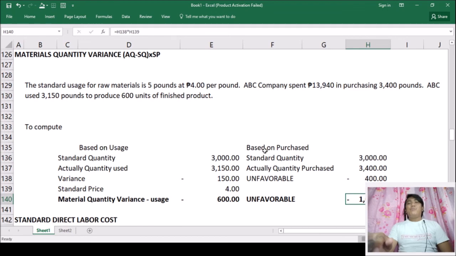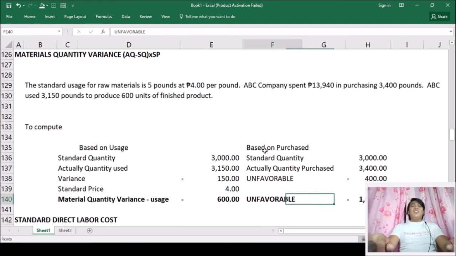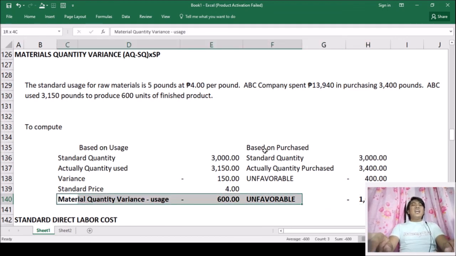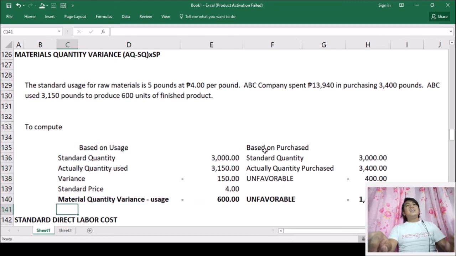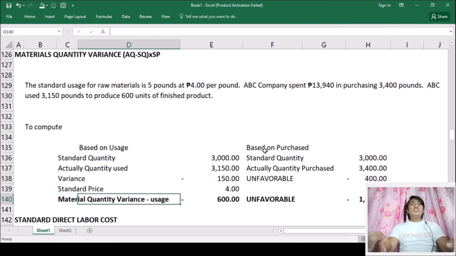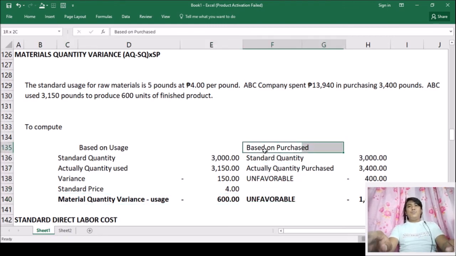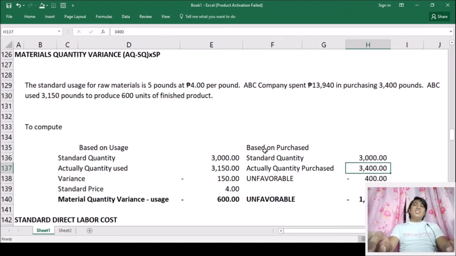based on purchase. Okay? Pero again, no, ito po ay priority natin kasi ito naman talaga ang nire-require. Unless otherwise, the problems clearly stipulate that you compute the material quantity variance based on purchase, dito na po tayo magko-compute. That you get the difference between the standard quantity and the actual quantity purchased.